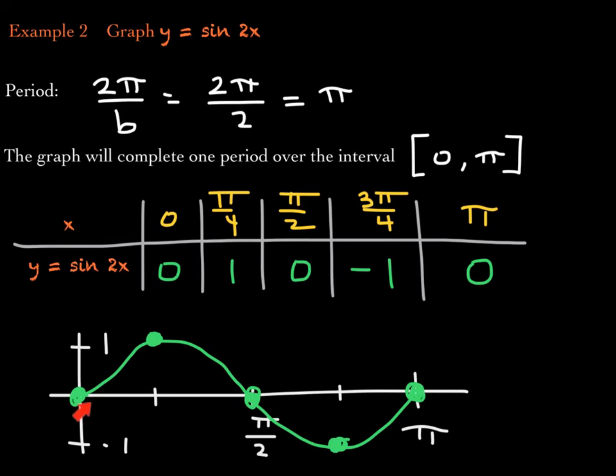Between 0 and pi, instead of 0 to 2 pi. So the graph got shrunk horizontally. This curve used to finish way out here at 2 pi, and it finished at pi. So it got shrunk horizontally.